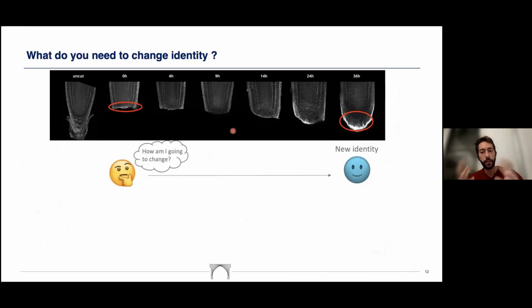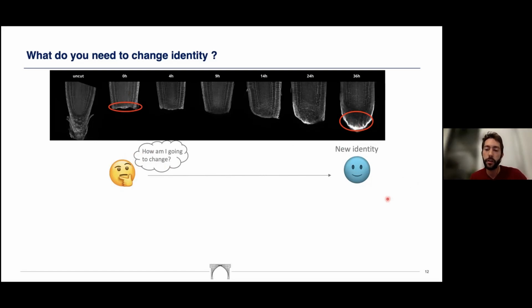We had a good understanding of what's happening, but then I wanted to talk to you a bit about mechanism, and how it is possible that a cell is able to change. What does the cell need to do to change its identity from, say, a cortex cell to a new columella cell?